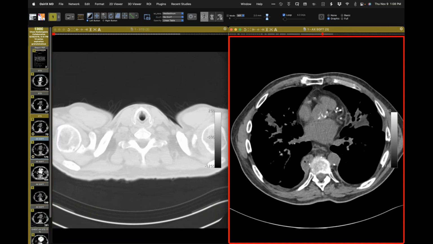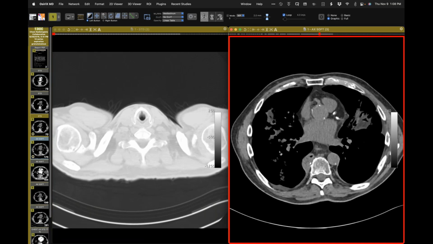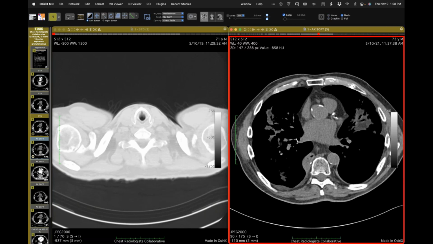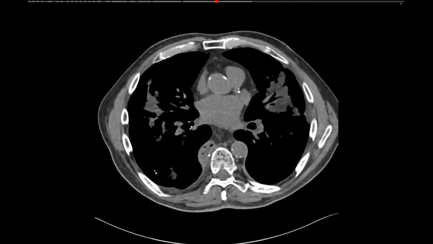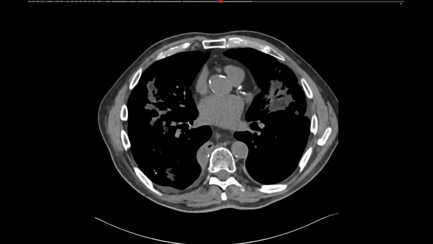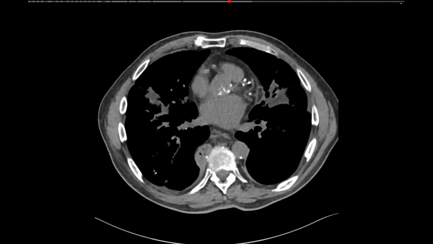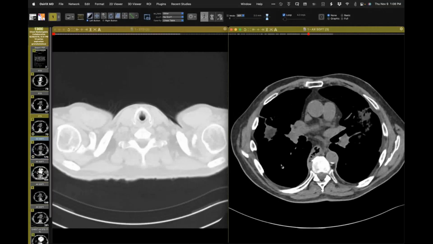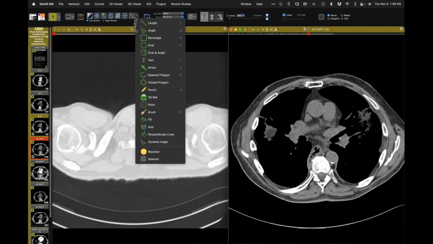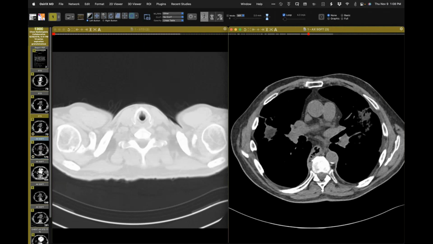So let's take a look at this. And I don't know if this observation was made back in the day, which is 2021, but anyone want to make an observation on this one? Looks very low density. Yeah, lung parenchyma. So back then, you can see very low attenuation. Let me bring in an ROI.